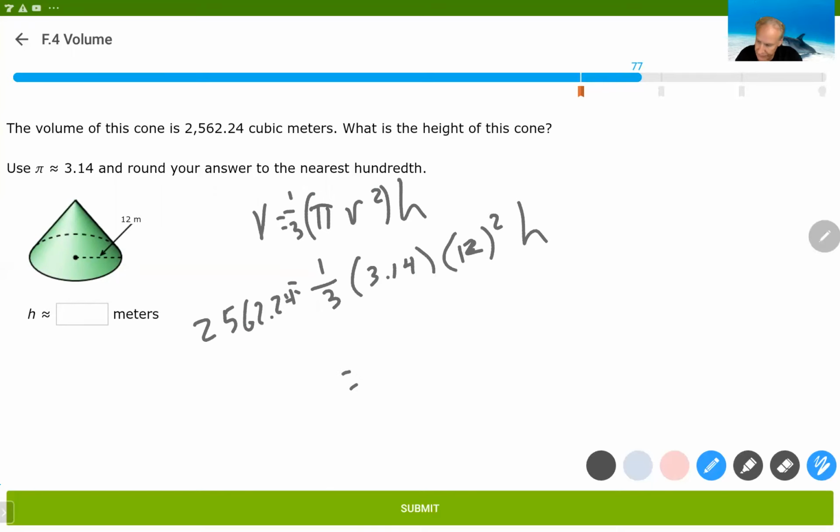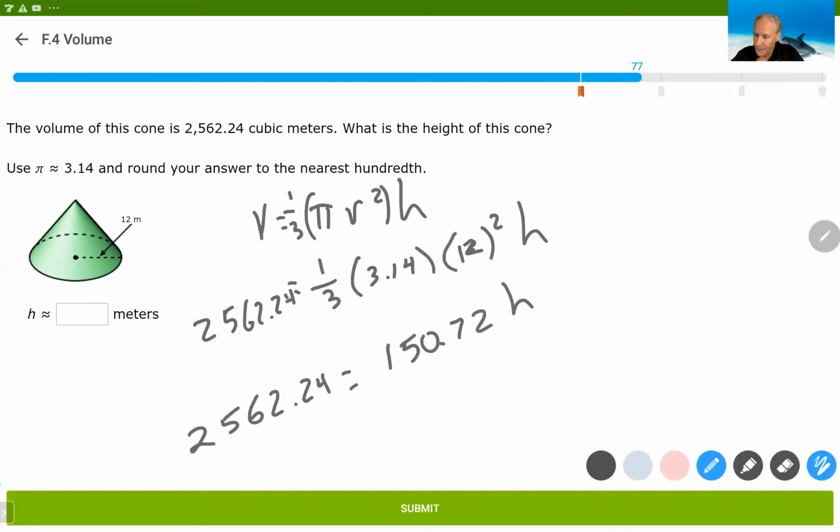So I'm going to go ahead and multiply this out. 12 times 12 times 3.14 divided by 3. And we're going to take 150.72. H is equal to 2562.24. Okay, so I did my steps.